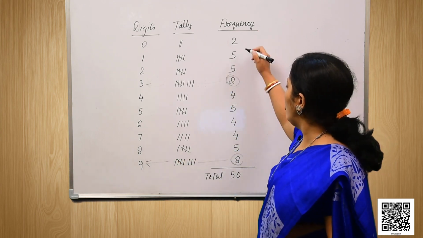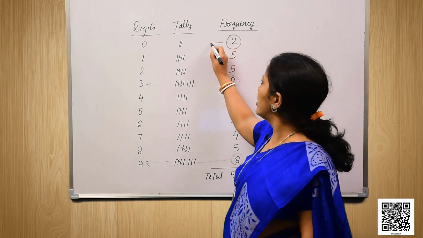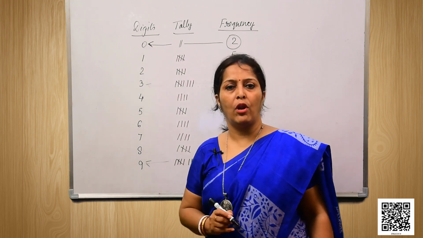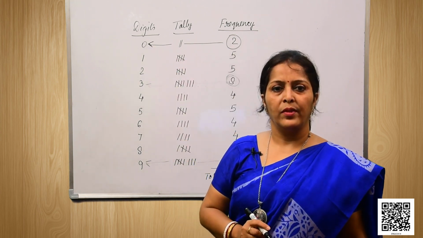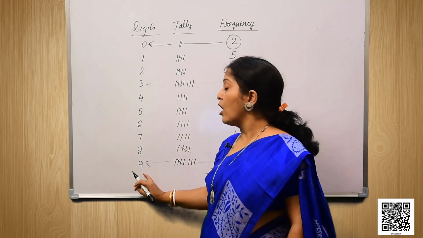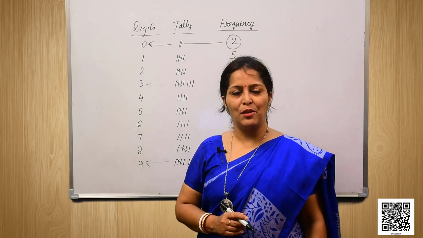The least among all of them is the number 2, so we can come to the conclusion that 0 is occurring the least number of times. So we can say that 3 and 9 are occurring most and 0 is occurring least.